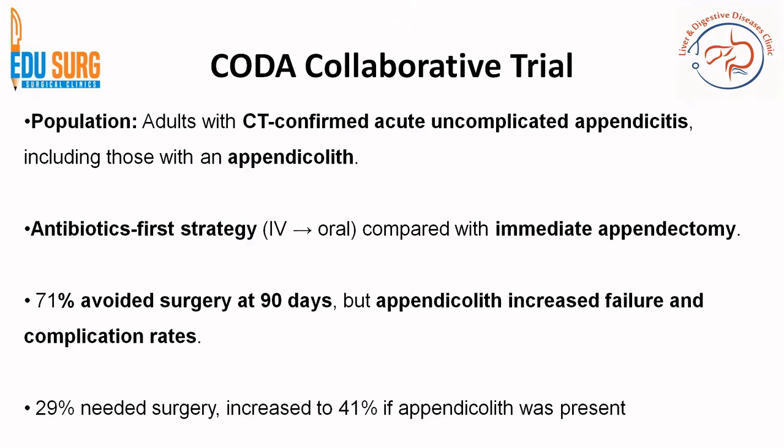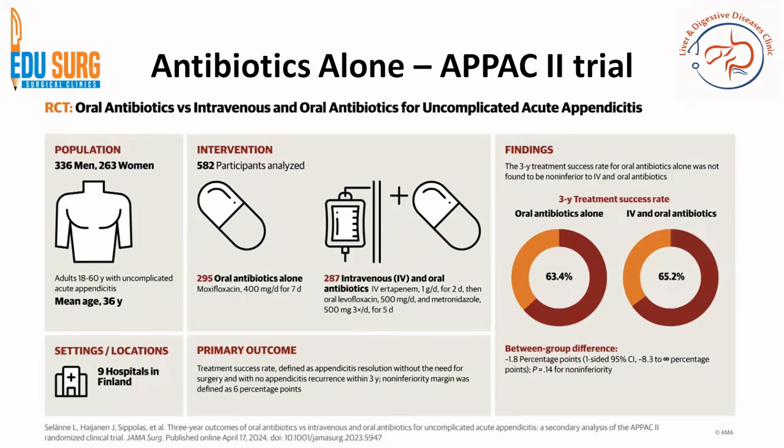Remember that 29% of this group needed surgery at 90 days, and this increased to 41% if an appendicolith was present. So the outcome was that an appendicolith increased failure and complication rate. Some people have tried endoscopy to remove the appendicolith, but a simpler option is removing the appendix by laparoscopy.